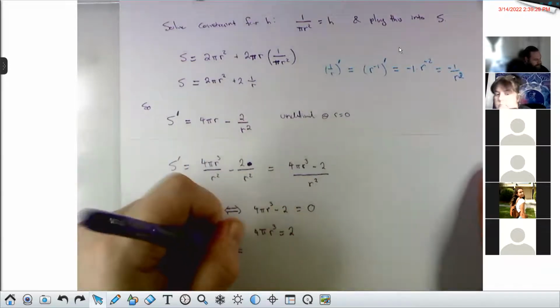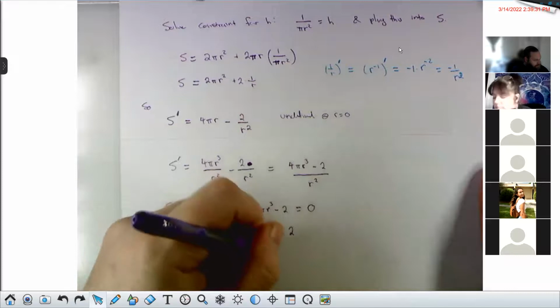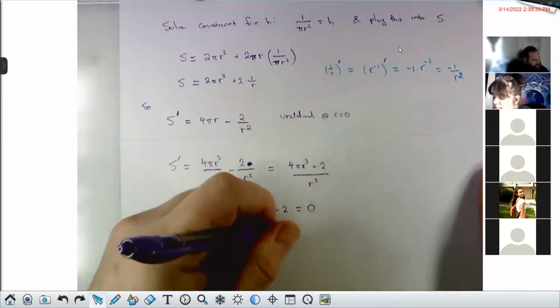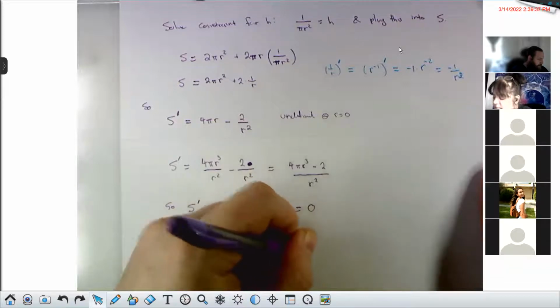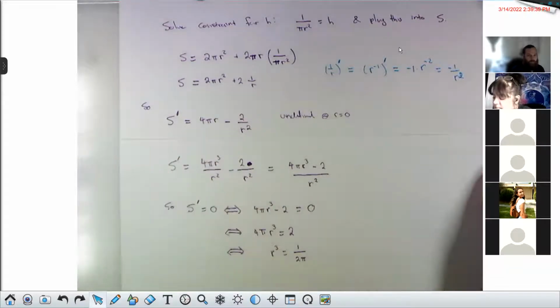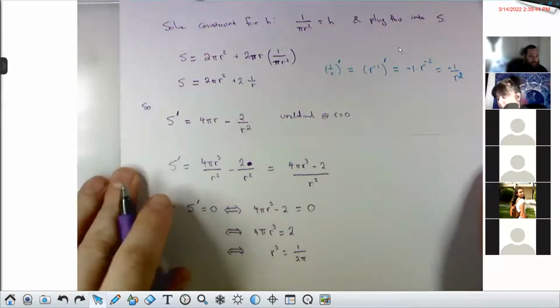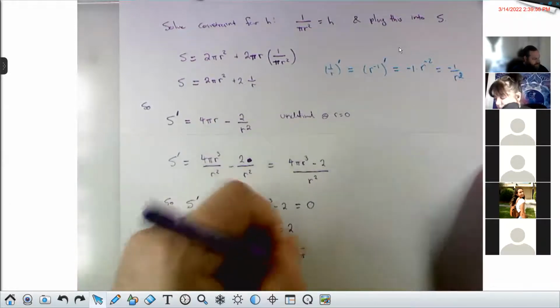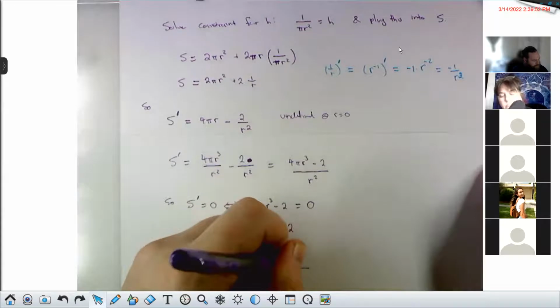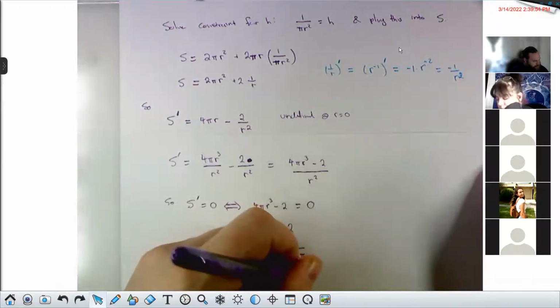Divide both sides by 4 pi. 2 divided by 4 pi is 1 over 2 pi. And then you can take the cube root on both sides. So we get the cube root of 1 over 2 pi.